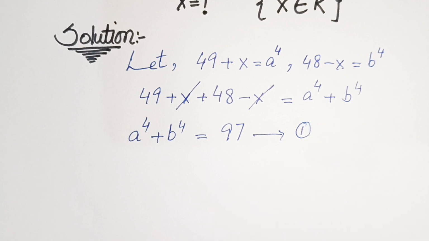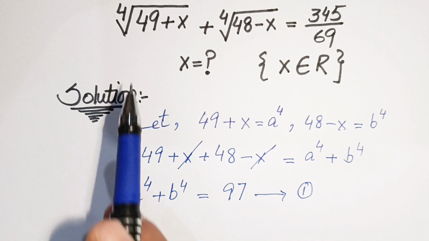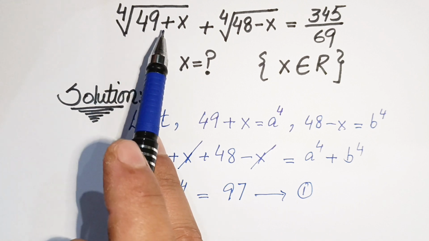Now, according to the given equation, we have the fourth root of 49 plus x.